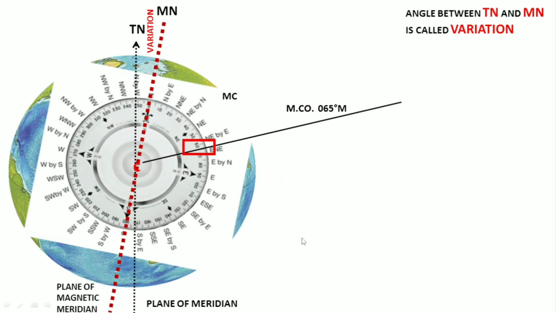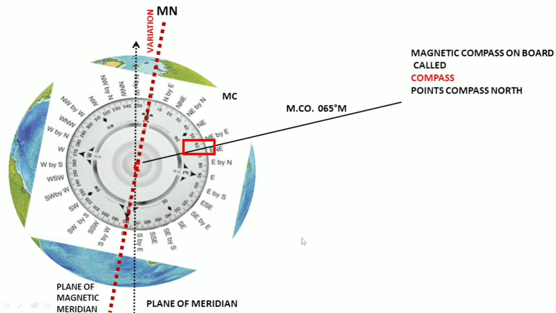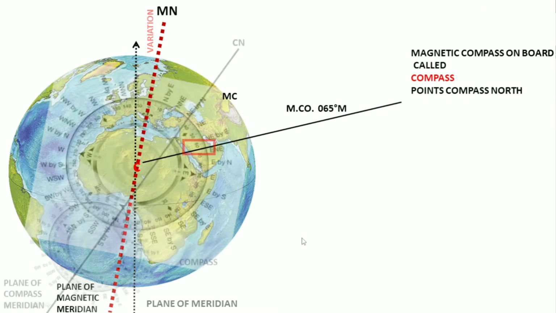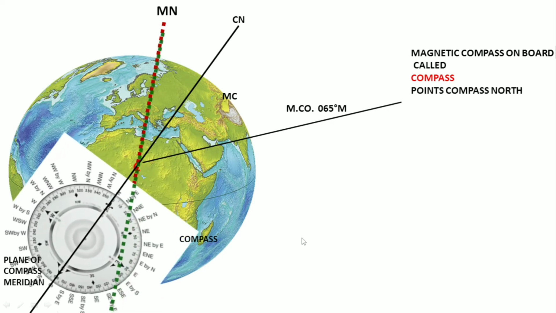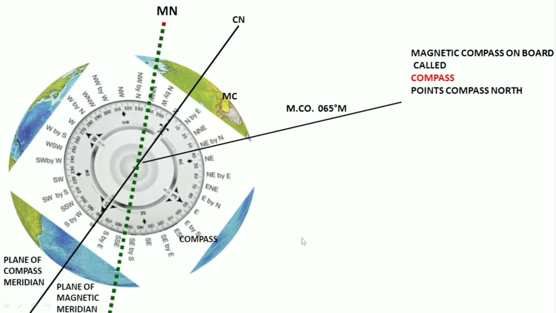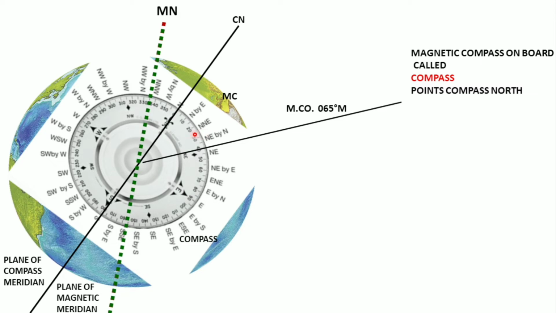And this magnetic course I'm talking about is from a freely suspended magnetic needle. Now, a magnetic compass when placed on board is called compass. And now if this course was read off the compass on board, it reads something like 040. It is pointing towards compass north.